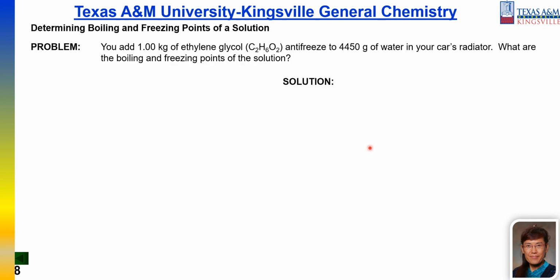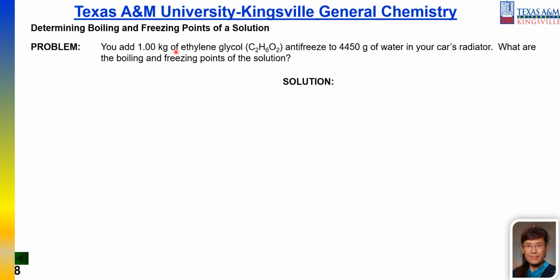Let's practice some calculations about boiling point elevation and freezing point depression. Suppose you add 1.0 kilograms of ethylene glycol into water. Ethylene glycol is a very important antifreeze.